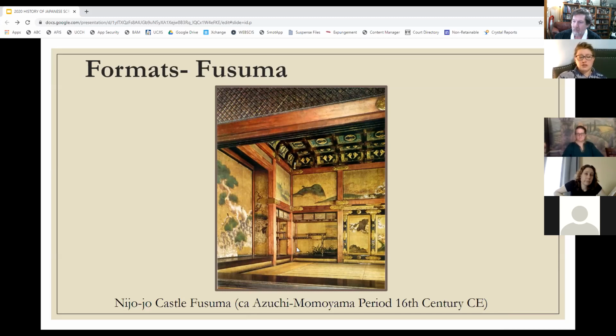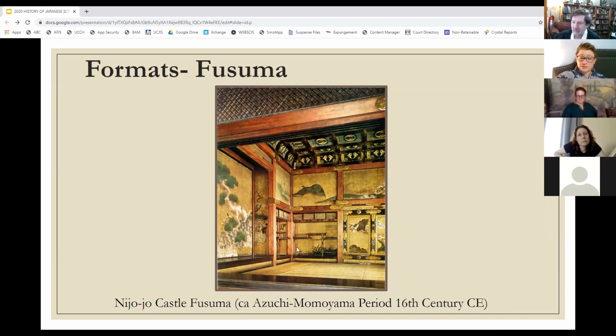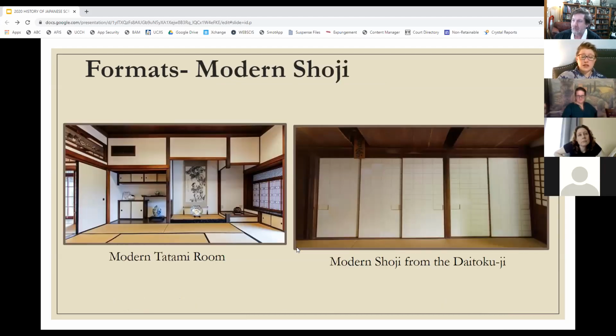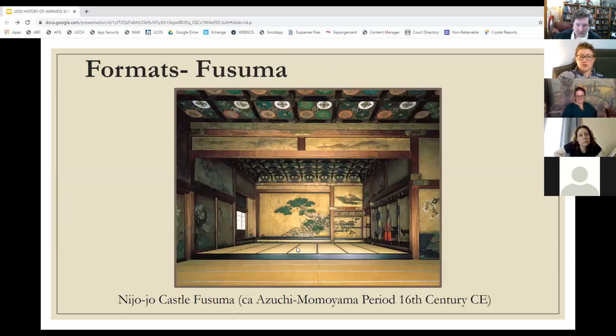This is from the Nijojo Castle in Fusuma. This is a beautiful representation. Even up to the ceiling, you can see every little bit is decorated. And like I said, this is what a lot of people imagine with the modern tatami and your typical rooms.